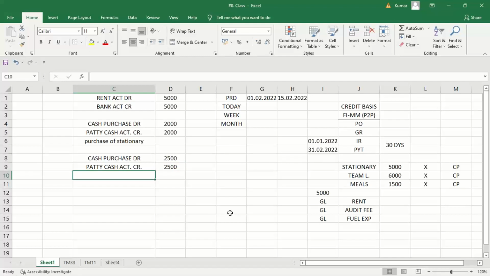Team lunch related expenses, whatever such kind of expenses are taking place, guys.